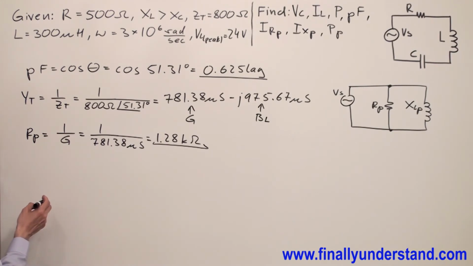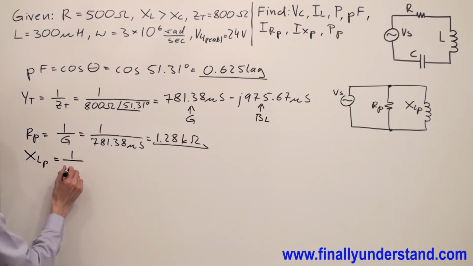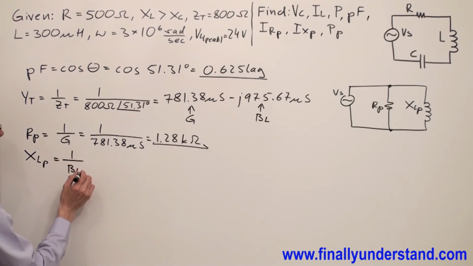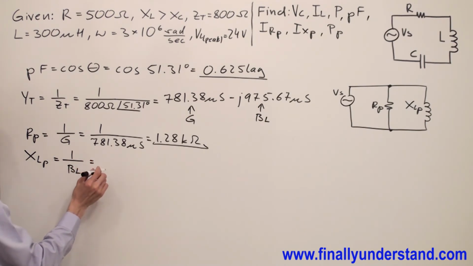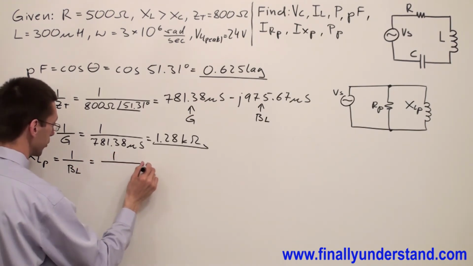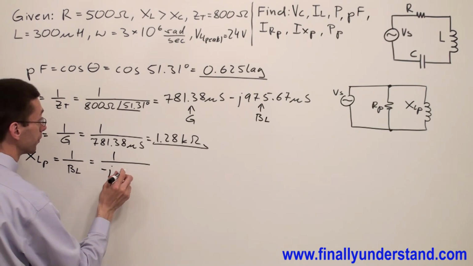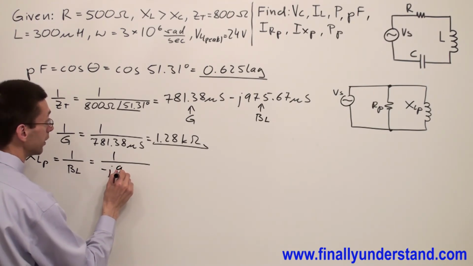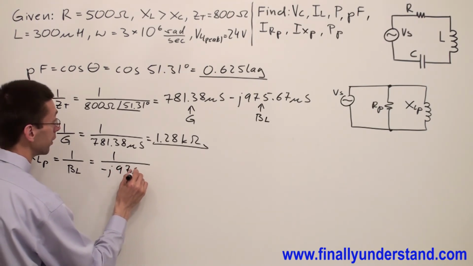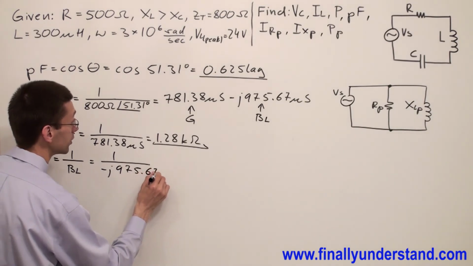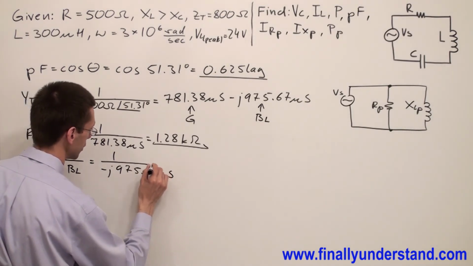Next, I'm going to find X_LP, which is equal 1 over B_L. So this is equal 1 divided by negative j 975.67 microsiemens.